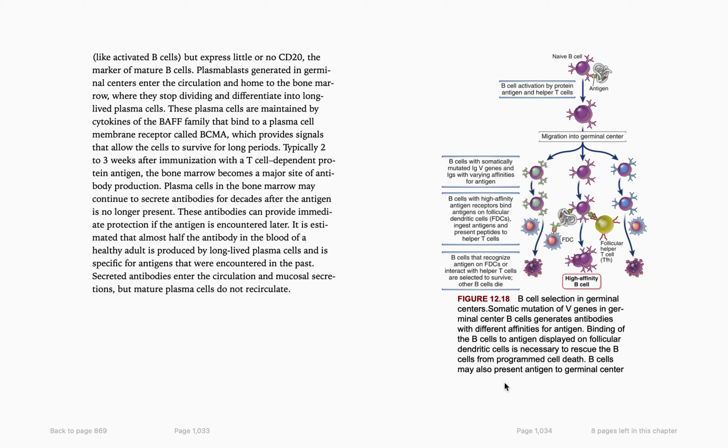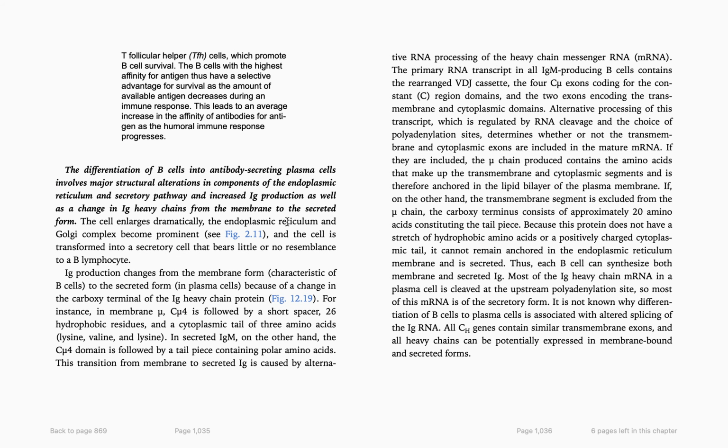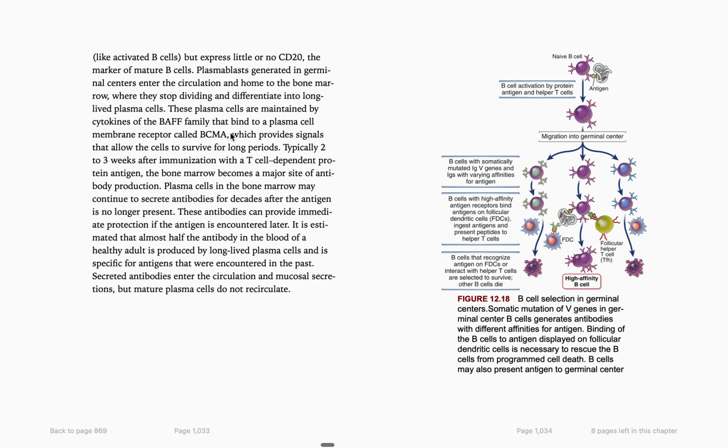B cells may also present antigen to germinal center T follicular helper cells, which promote B cell survival. The B cells with highest affinity for antigen thus have a selective advantage for survival as the amount of available antigen decreases during an immune response. This leads to the average increase in affinity of antibody for antigen as the humoral immune response progresses.